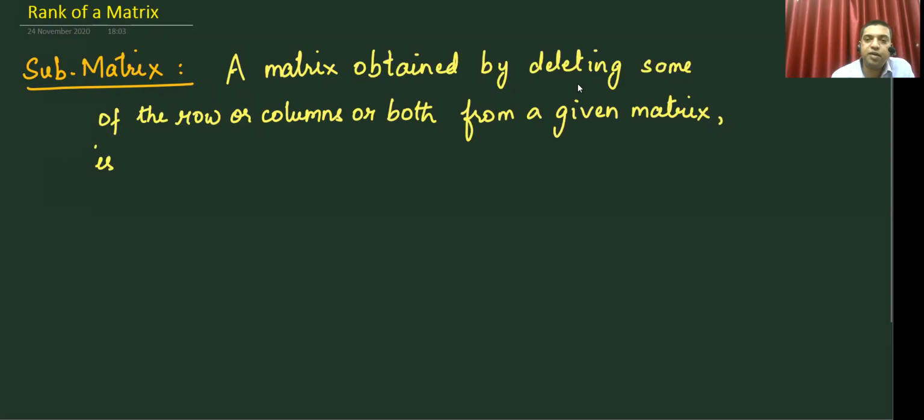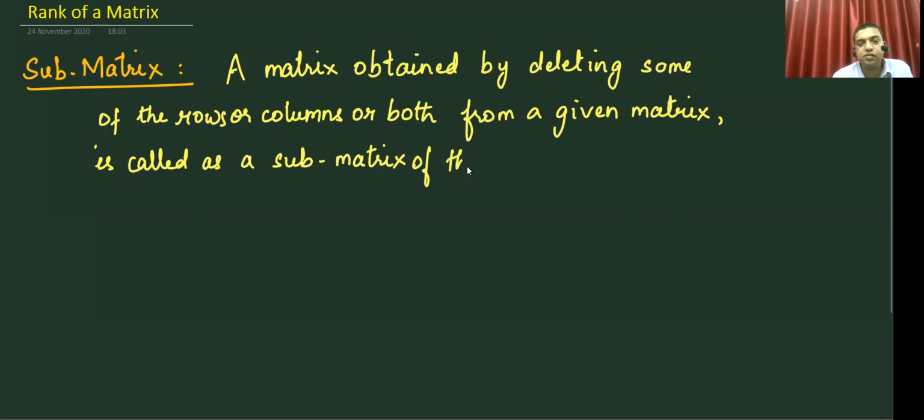A matrix obtained by deleting some of the rows or columns or both from a given matrix is called a submatrix of the given matrix.